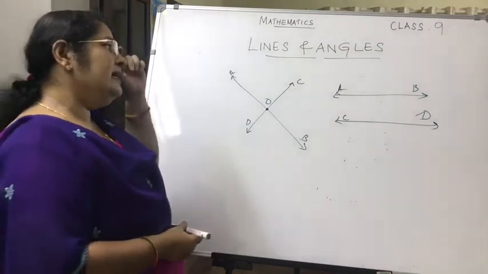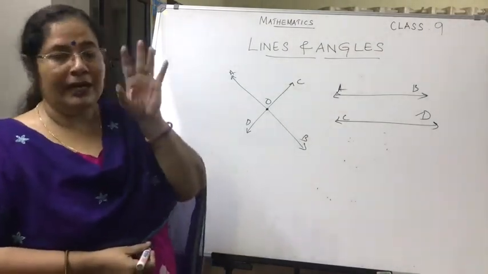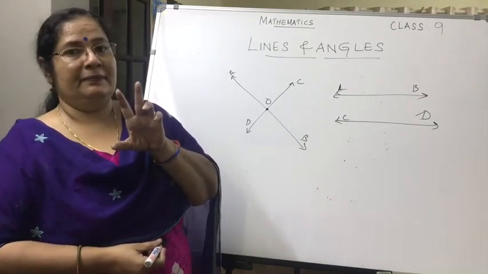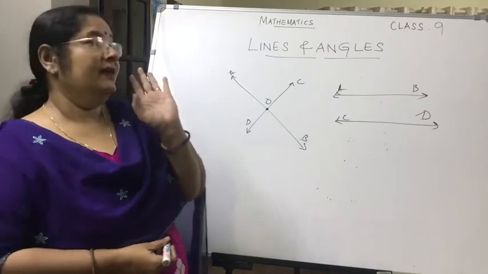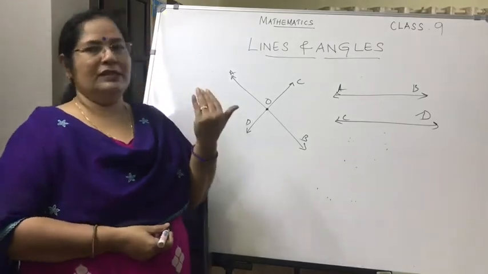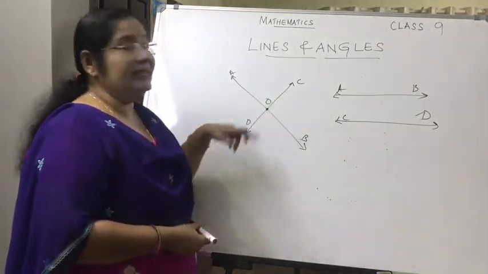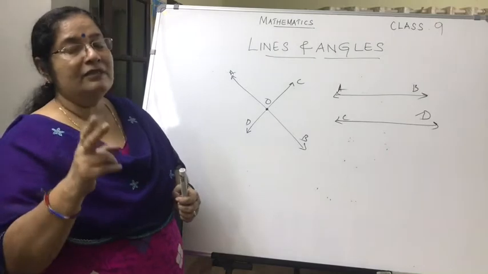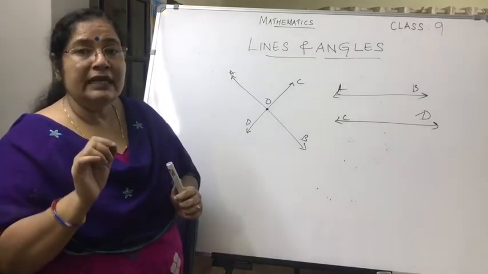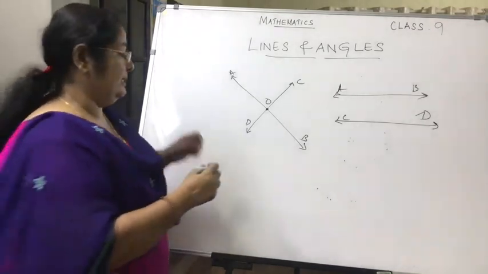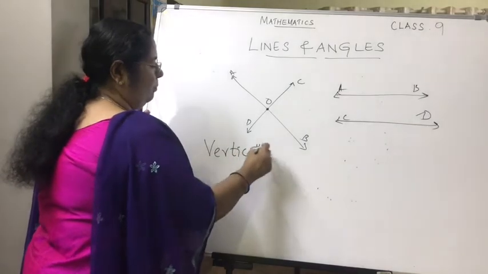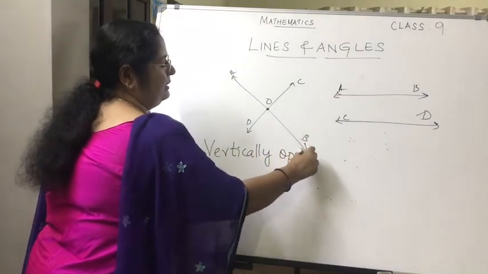Now based on these intersecting lines we have two pairs of angles. What are those angles called? By now you would be knowing what those angles are. When two lines intersect, two pairs of angles are formed, which are called vertically opposite angles.